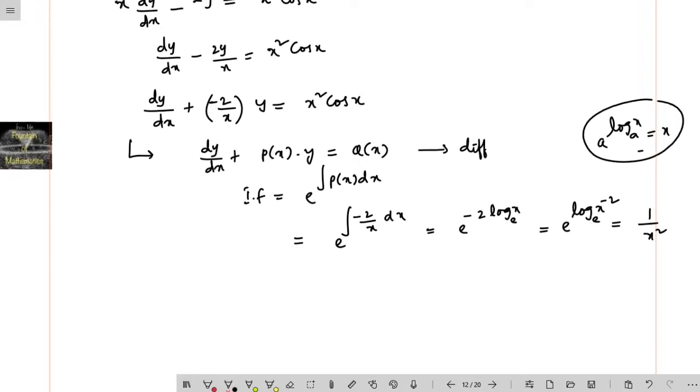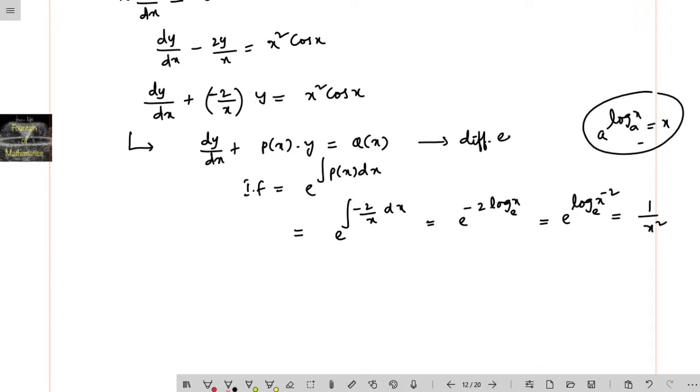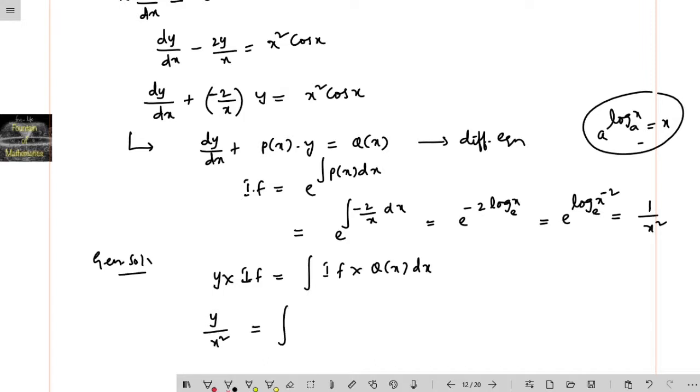So we got the integrating factor, and then the general solution will be y into integrating factor is equal to integral of integrating factor into q of x dx. That is y into 1 by x square, that is y by x square, is equal to the integral of 1 upon x square into x square cos x dx. The integral of cos x is sin x, so we write sin x plus c.